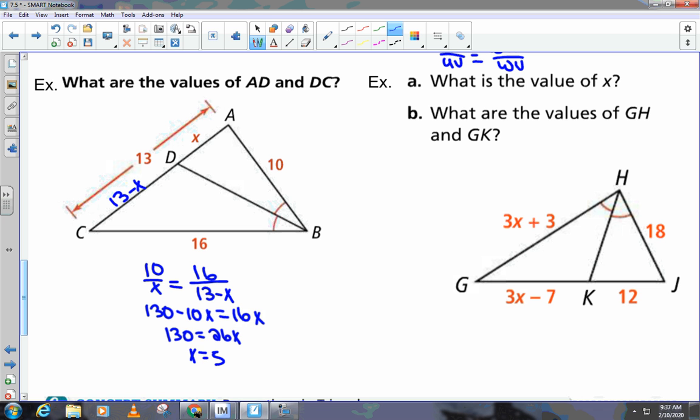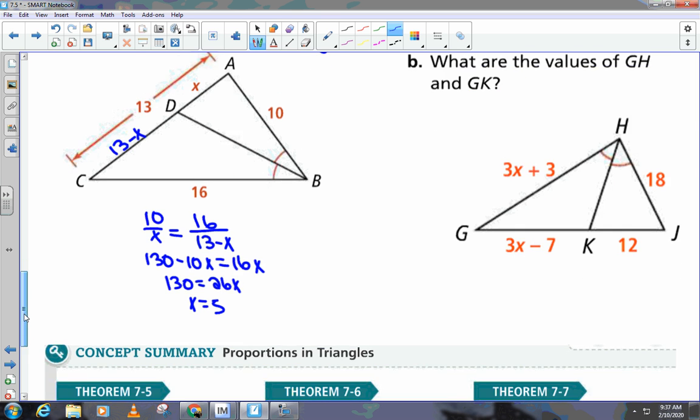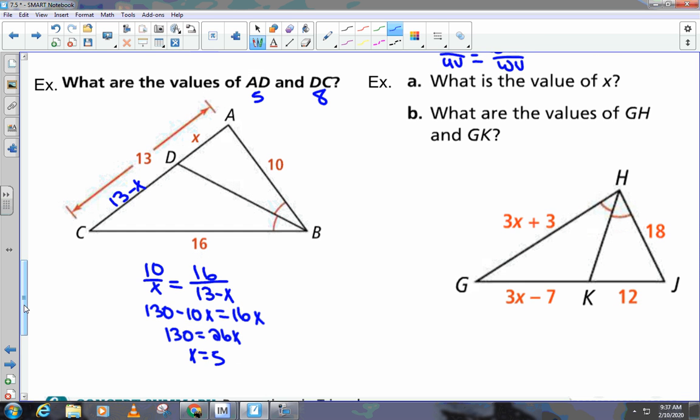So, AD is my x, right? So then what's DC going to be? It'd be 13 minus x, which would be 8. Okay, we got one more, and then the bottom part's just the recap.